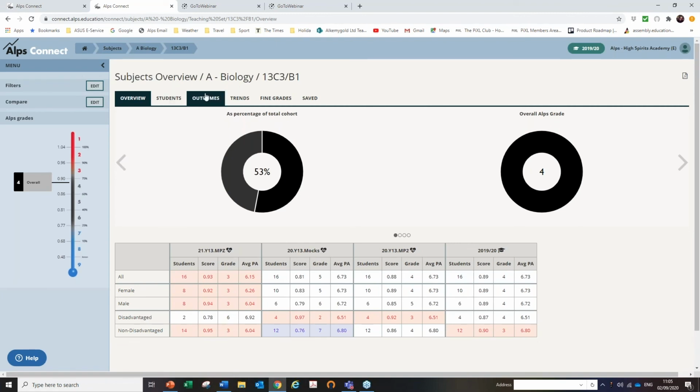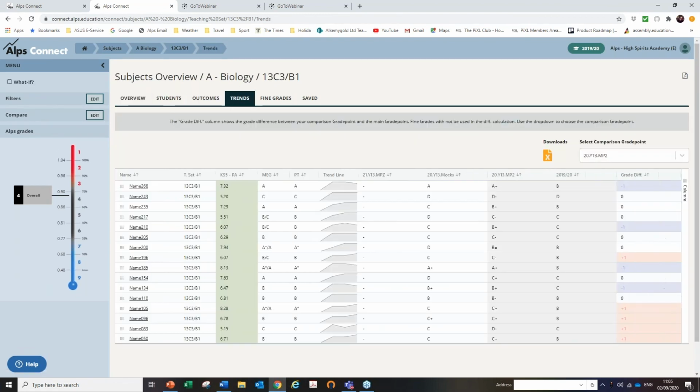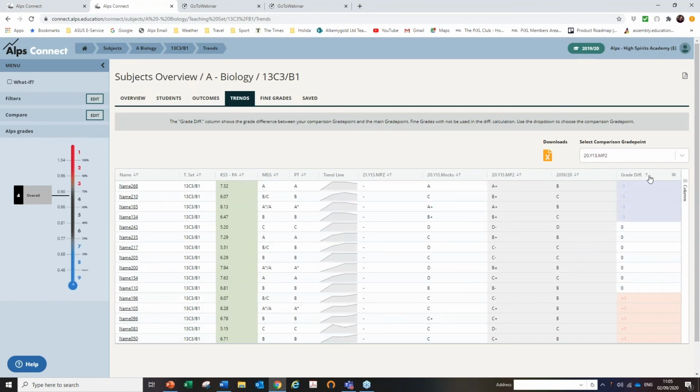You're in biology, you go to the trends, and there they are for the subject teacher. Sort by grade difference. They're the ones you put down, they're the ones you put up, etc., and obviously, looking back, being able to see their performance at the other points in the year.